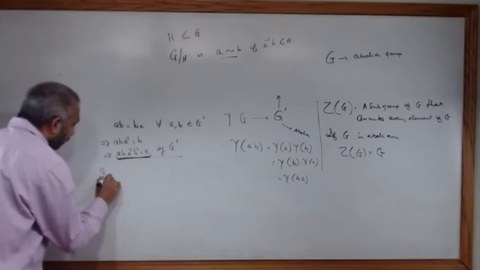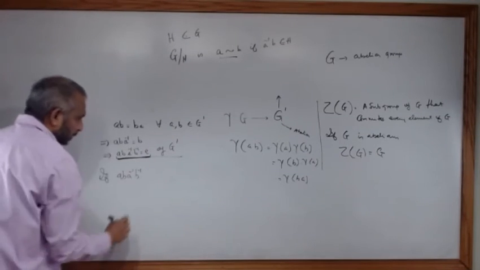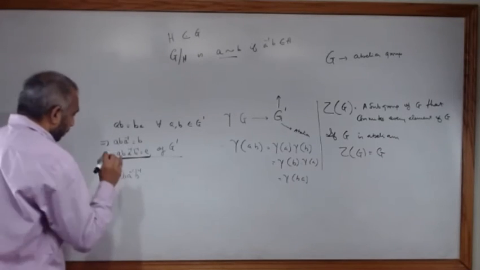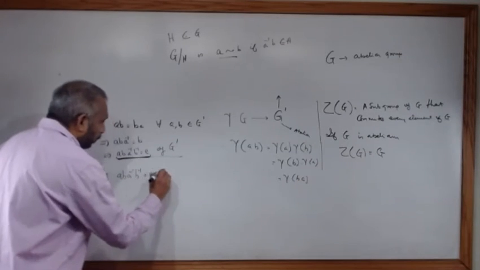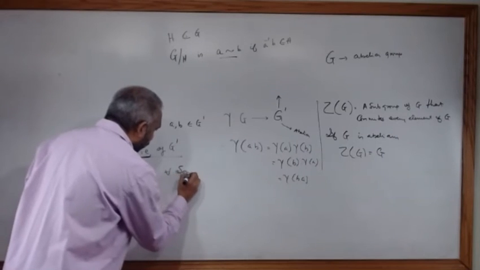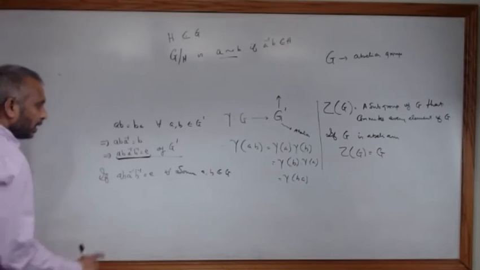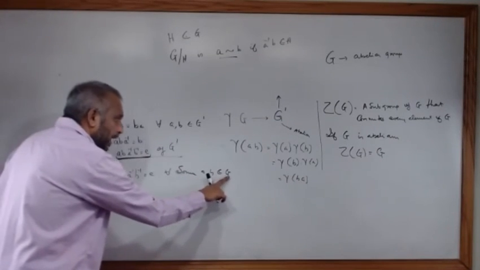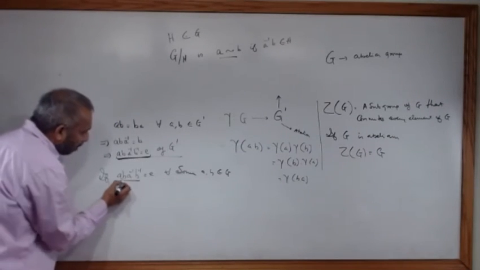So if A B A inverse B inverse is equal to E for some A, B in G, collect those elements from G and form a subgroup. And these elements are called commutators.